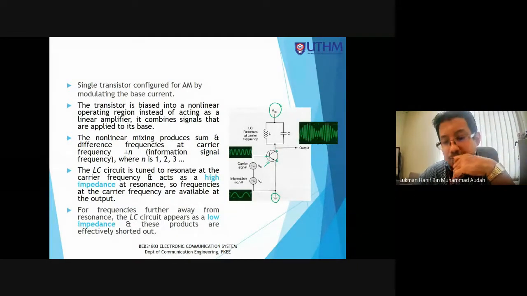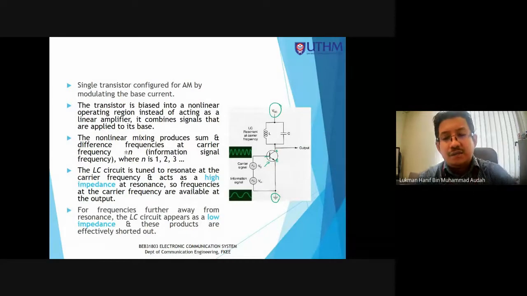So that means when the voltage at the base is larger than the threshold, current can flow from VCC to ground. At the same time, the LC tank circuit will be charging.